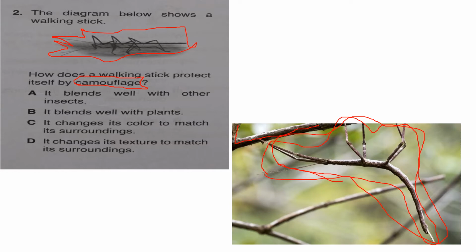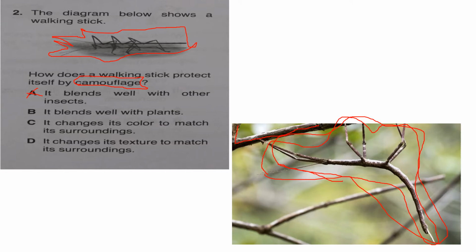The process of changing its color to blend with the color of its environment. In letter A, it blends well with other insects. No, it blends well with plants. Letter C, it changes its color to match its surroundings. Letter D, it changes its texture to match its surroundings.